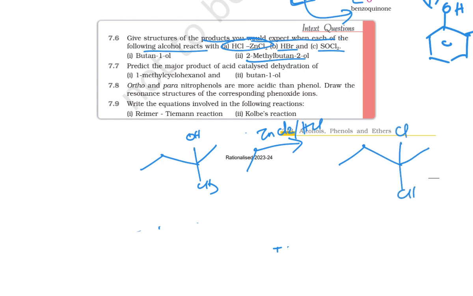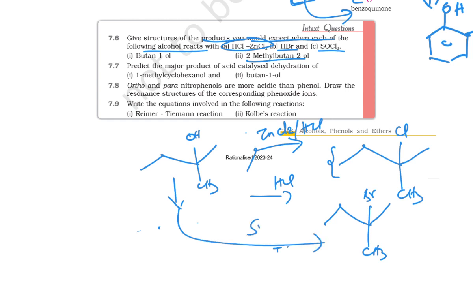Your product is 2-chloro-2-methyl butane. Again when it reacts with HBr, what is the product? Your product is 2-bromo-2-methyl butane. Then again when it reacts with SOCl2, the same product which we already got, so 2-chloro-2-methyl butane is the only product we will get.